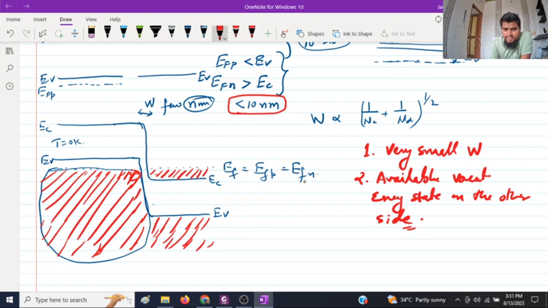So at zero bias the current will of course be zero. Let's say we plot V bias and ID.